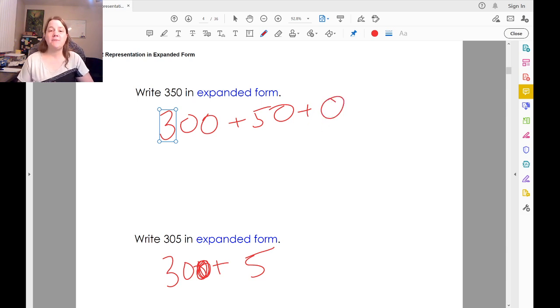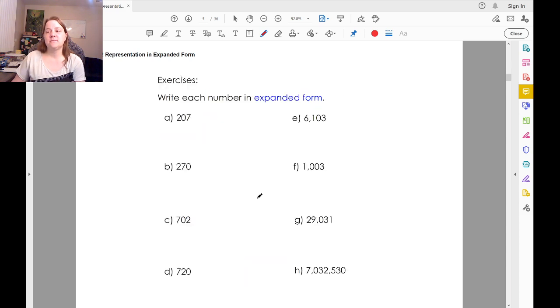That really helps with making sure that we don't miss anything, but it's not necessary. We could have put plus 0 here to show that there are no tens places. But again, it's really not 100% necessary. They want you to write these numbers in expanded form. Go ahead, give them a shot on your own, and we'll talk about it when you come back.